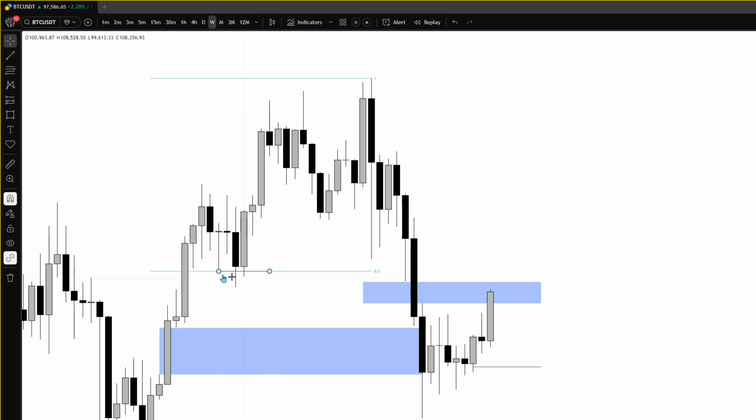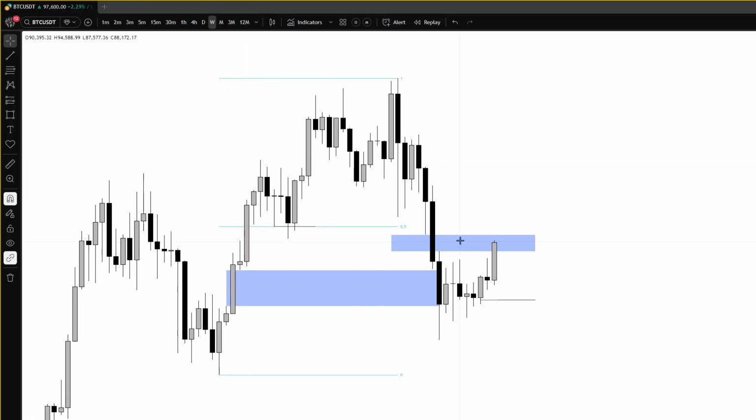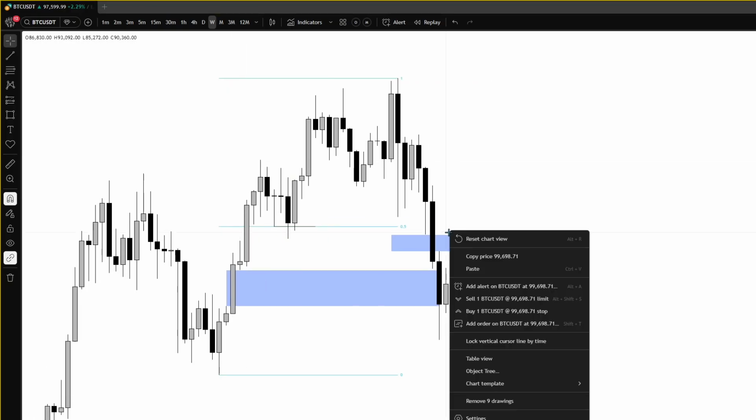If you know market maker models, you will know that on the moves up, or I mean, it can be on the moves down too, depending if you're trading a sell or buy model. That's where I'm usually using it, not so much in PO3. And yeah, we can apply some PO3 to the chart right now.